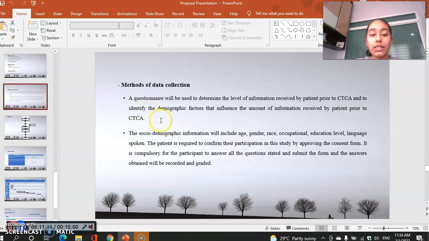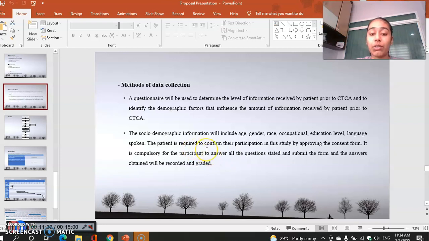The method of data collection is a questionnaire that will be used to determine the level of information received by patients prior to CTCA and to identify the demographic factors that influence the amount of information received by patients prior to CTCA. The socio-demographic information will include age, gender, race, occupation, education level, and language spoken.